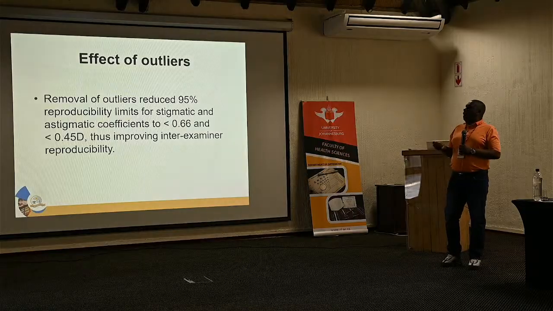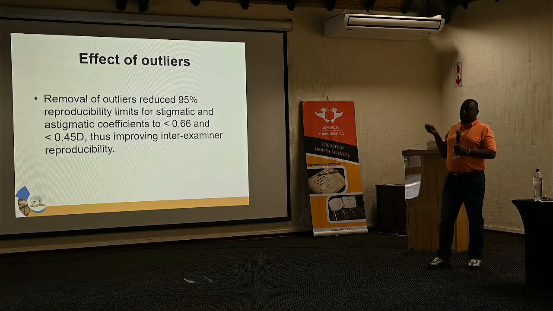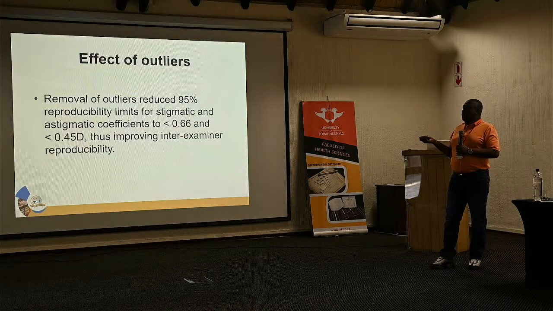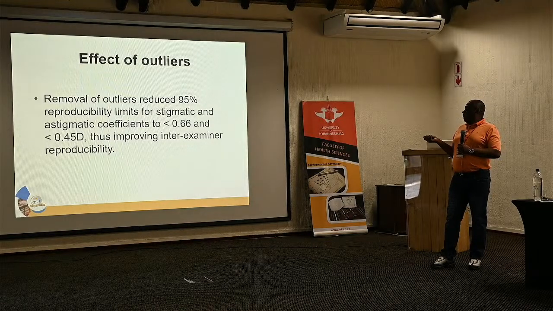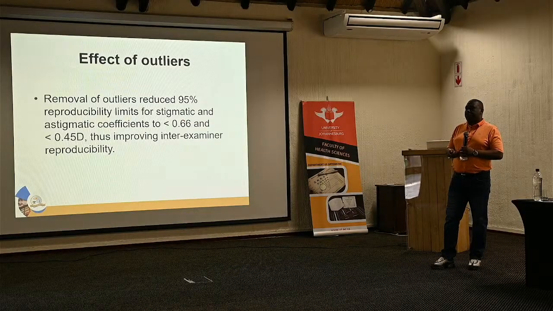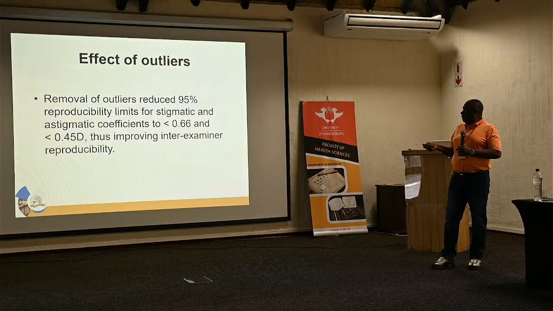Based on these results, we see that we optometrists can differ by this much for the sphere component, but for the cylinders we could differ by 0.45. And after the removal of outliers, it improved the reproducibility.